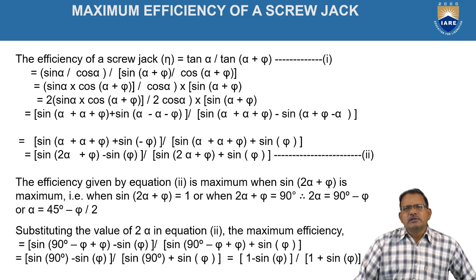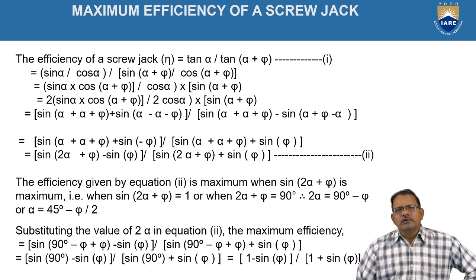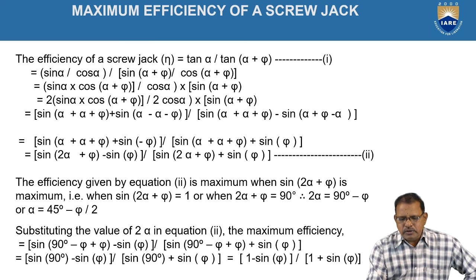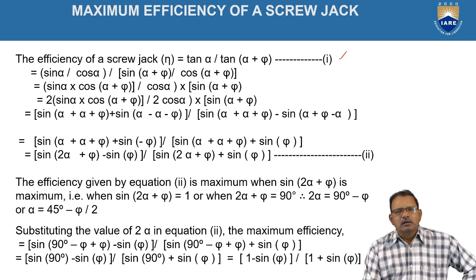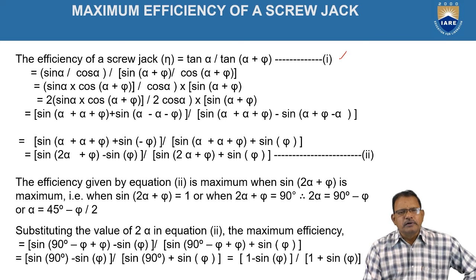The maximum efficiency of a screw jack. The efficiency of a screw jack is equal to, as already derived in the previous equation, tan alpha divided by tan (alpha plus phi), where alpha stands for helix angle and phi representing limiting angle of friction.